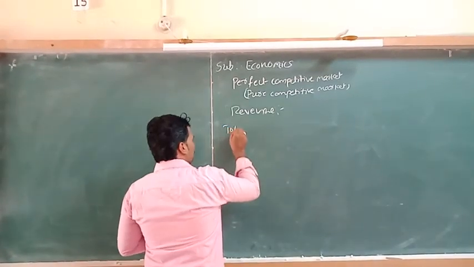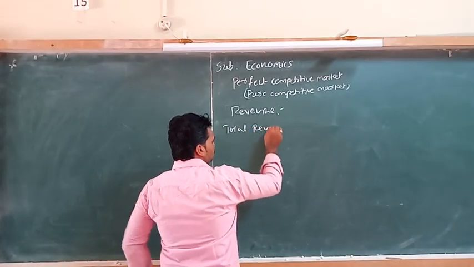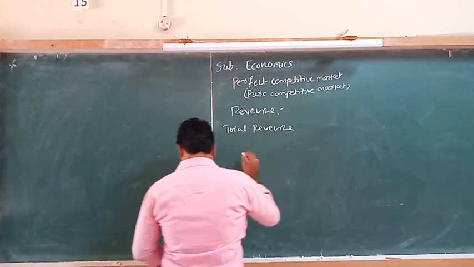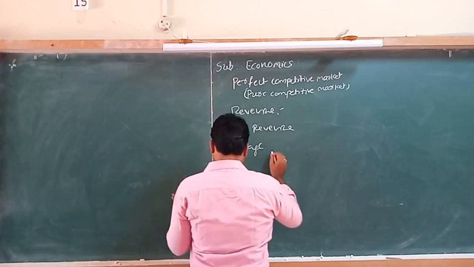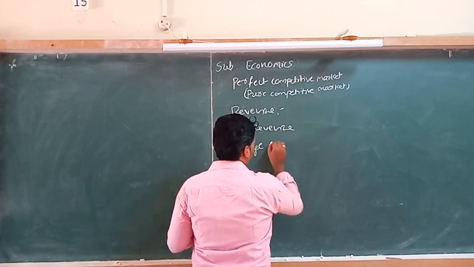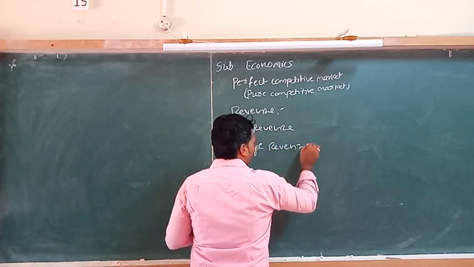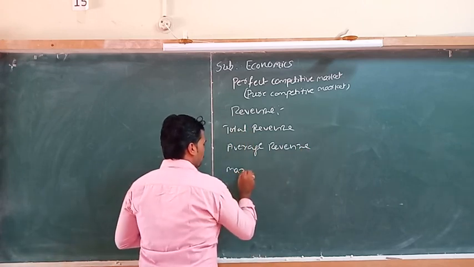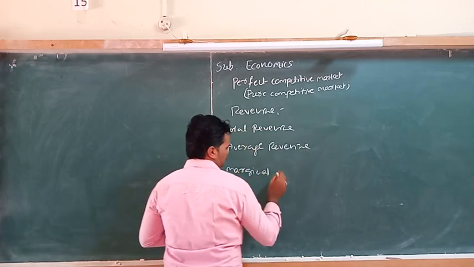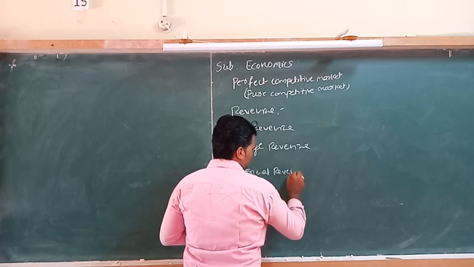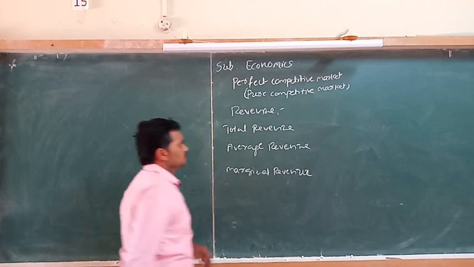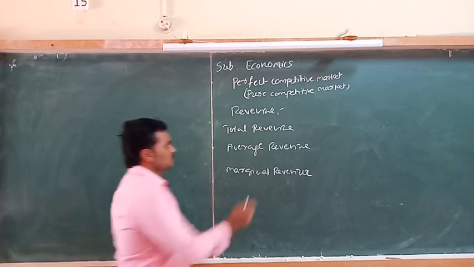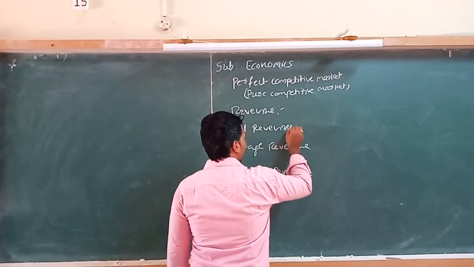One is total revenue, average revenue, and another one is marginal revenue.